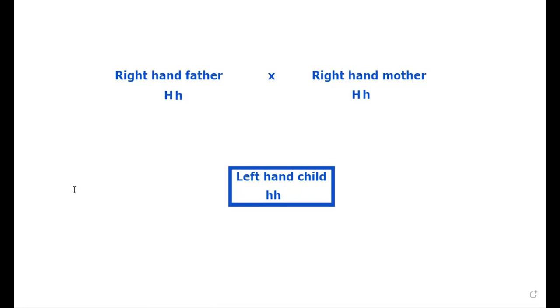Father can give capital H, mother can give simple h. Another chance. Father can give simple h, mother can give capital H. Another chance. Father and mother both can give simple h. That is one chance. Understood? Yes, sir. Right. So that kind of things can occur.